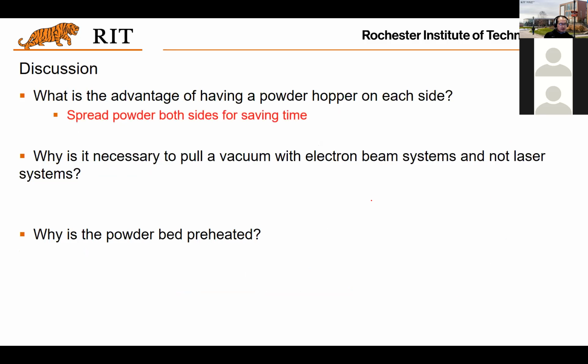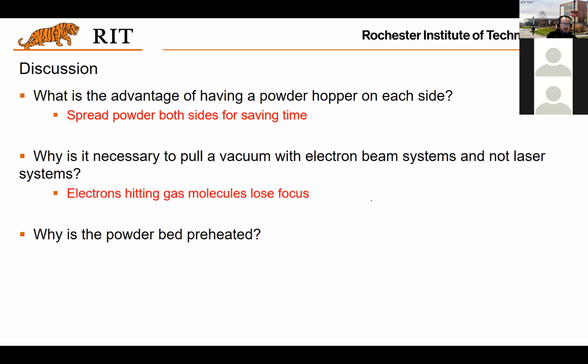So some of the discussions. Basically there are two powder hoppers on both sides of the printing platform, and that will half the time for spreading the powder onto the printing bed.